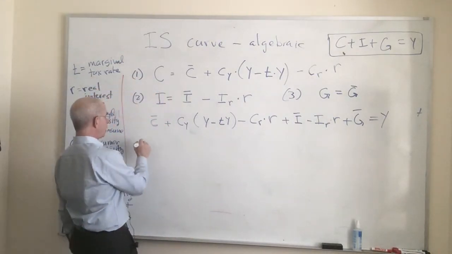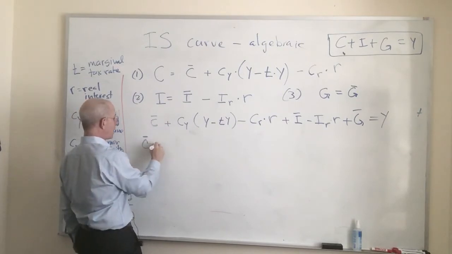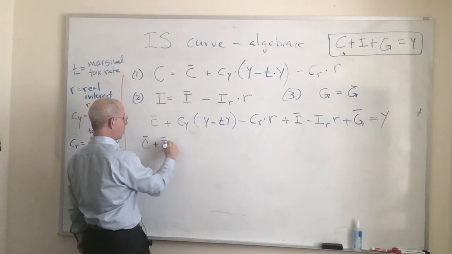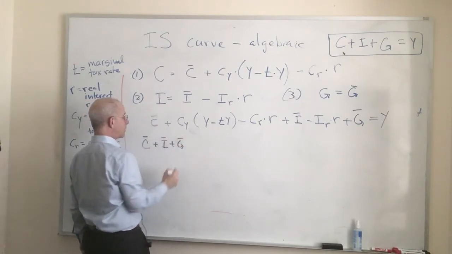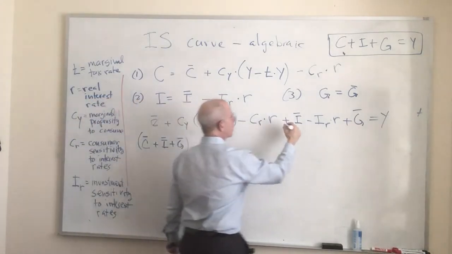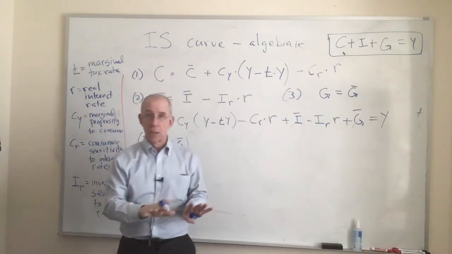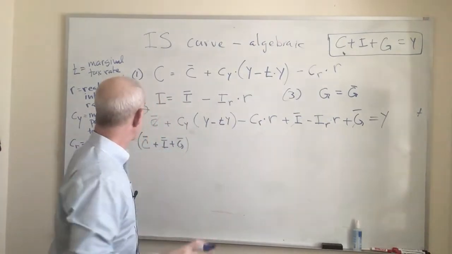Okay, so first, we've got C bar plus I bar plus G bar. That's this part, this part, and this part. So I've got those constants separated.